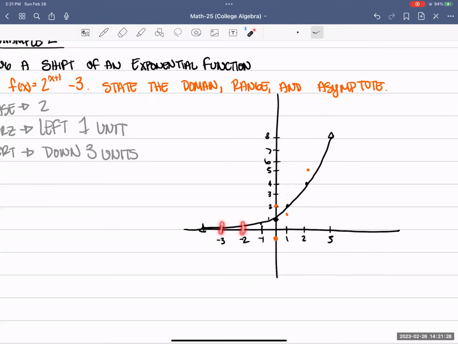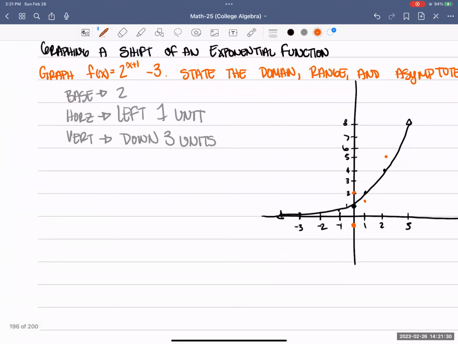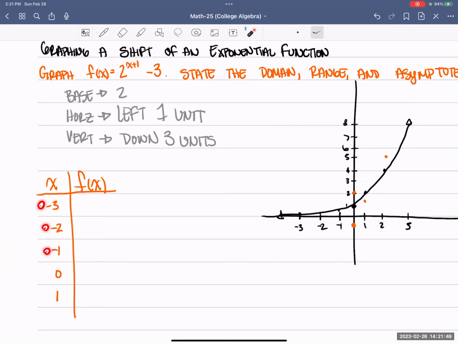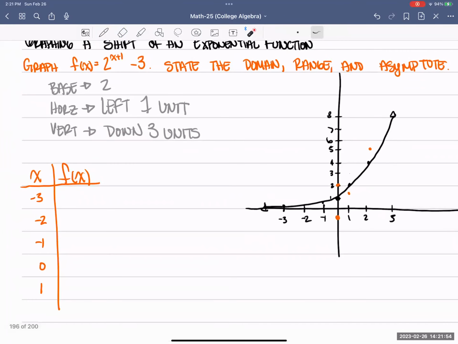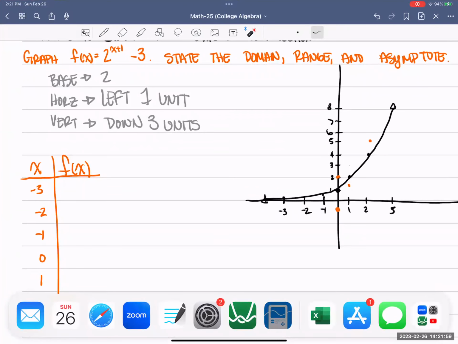So going further left, we're starting with -3, -2, -1, 0, and 1. That still gives us 5 points. It looks like we should be able to graph our function based off of those 5 points. And we could use a calculator if you really want to.